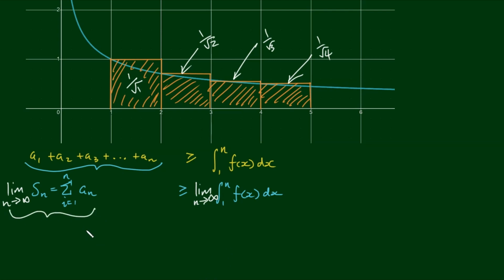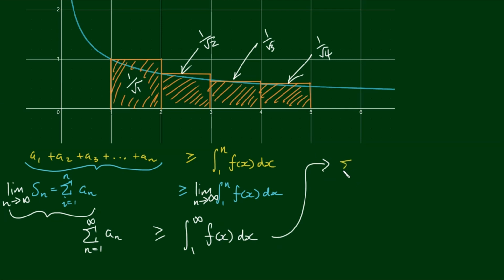And of course this expression is simply the series then. So the series, which we express as the sum from 1 to infinity of a sub n, is going to be greater than or equal to the improper integral from 1 to infinity of f of x with respect to x.